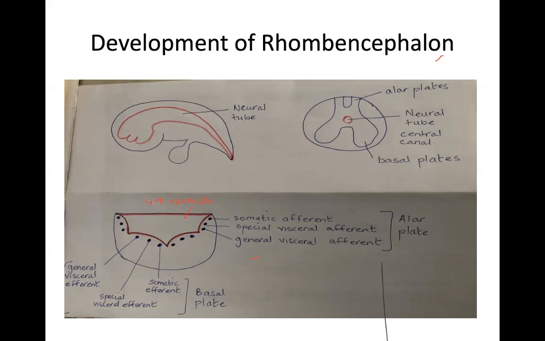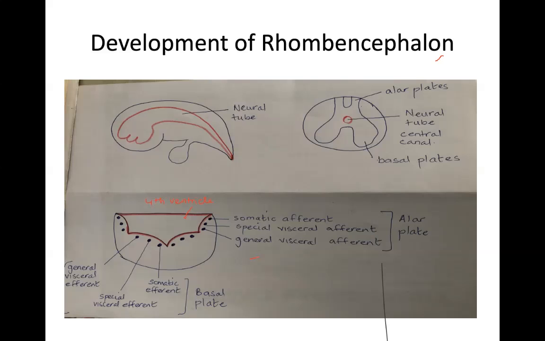Similarly, the basal plate, which was forming the anterior horn of the spinal cord, is going to again break up into three groups of neurons. If you follow the labeling, you will see that from within outwards, you have somatic efferent, which means motor neurons going to different parts of the body.